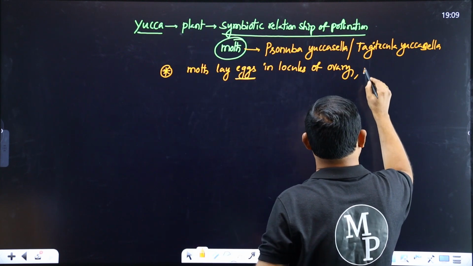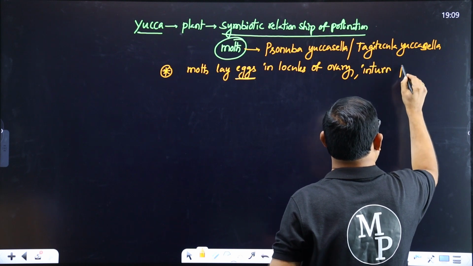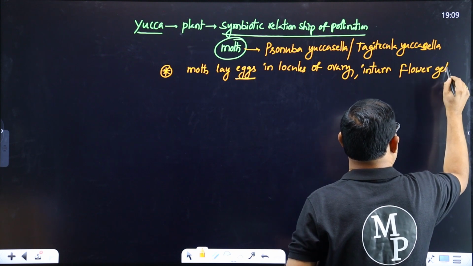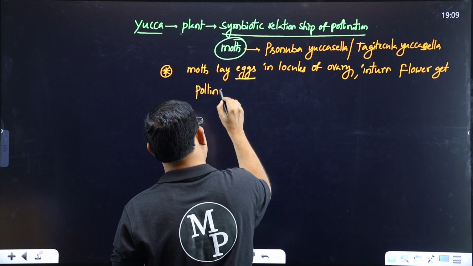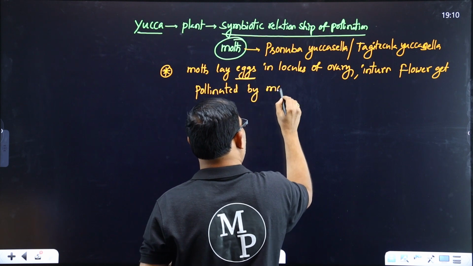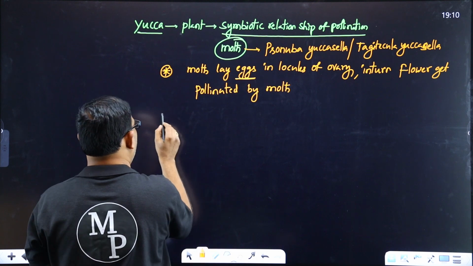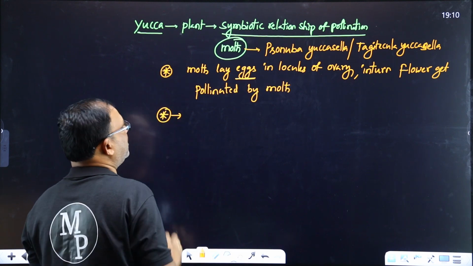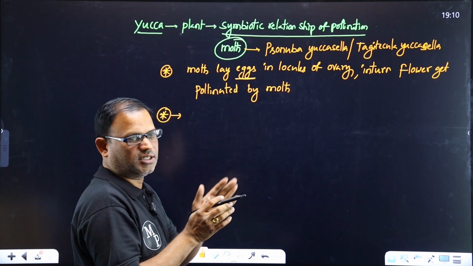In turn, the flower gets pollinated. The flower gets pollinated by what? By the moth. Most important. Next, one more thing: both the yucca plant and the moth show a symbiotic relationship.